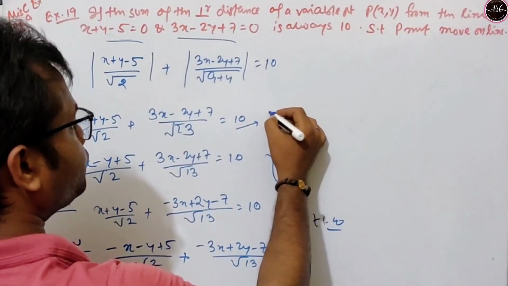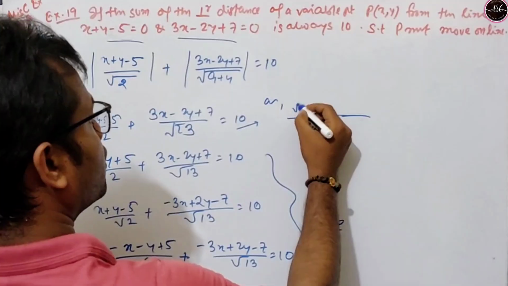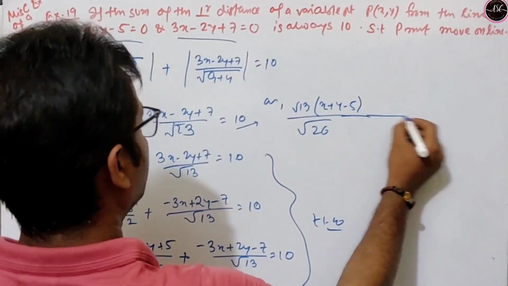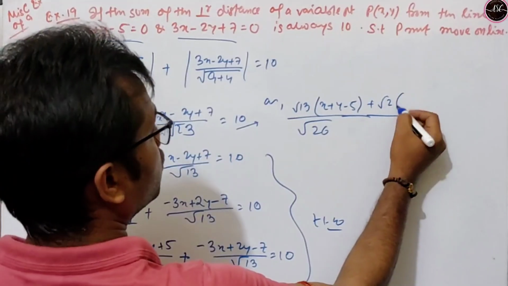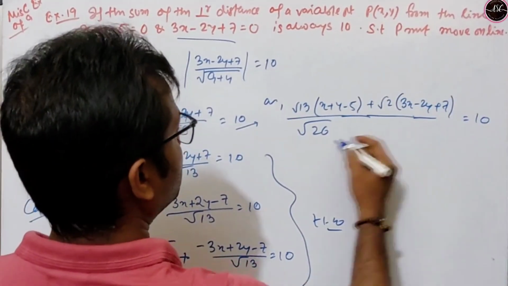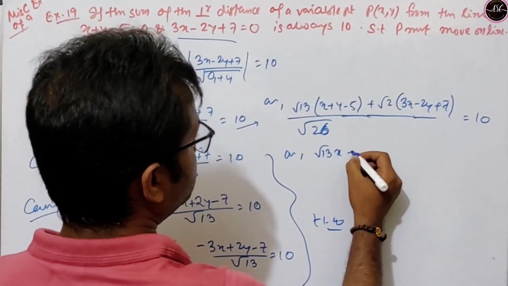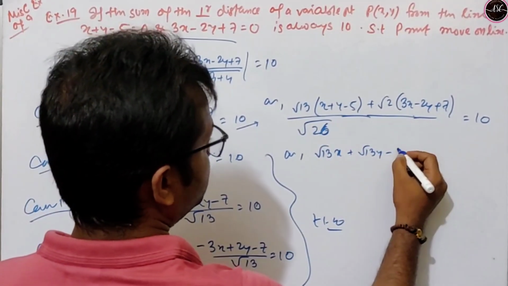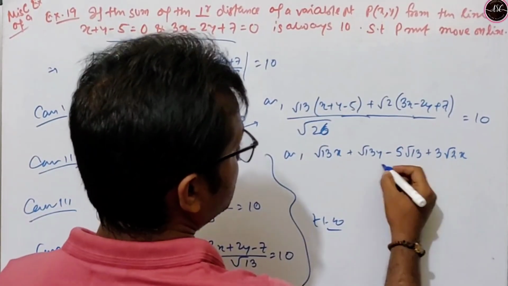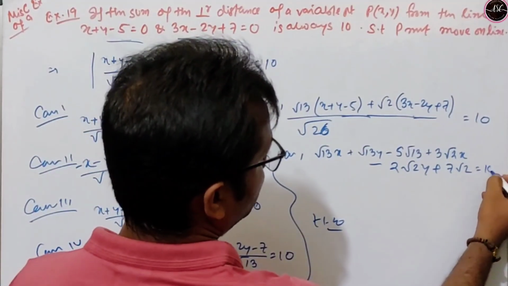Okay, so that will be, multiplying by root 26, here root 13 into (x plus y minus 5), and here root 2 into (3x minus 2y plus 7) equal to 10 root 26. So just multiply this: root 13 x plus root 13 y minus 5 root 13 plus 3 root 2 x minus 2 root 2 y plus 7 root 2 equal to 10 root 26.